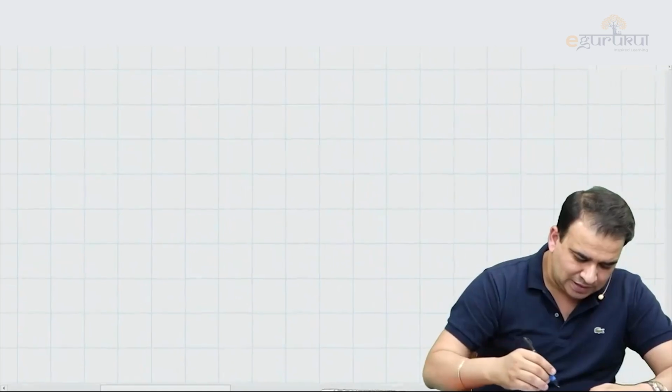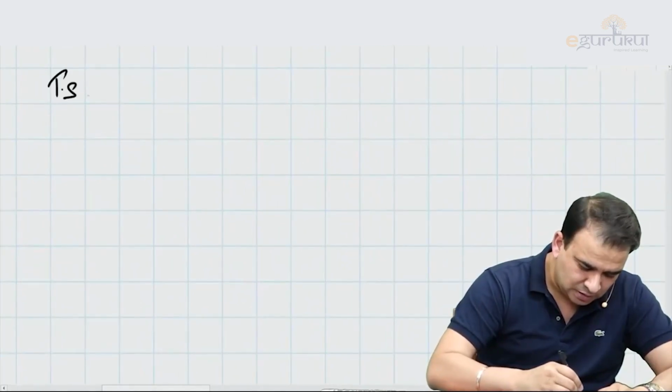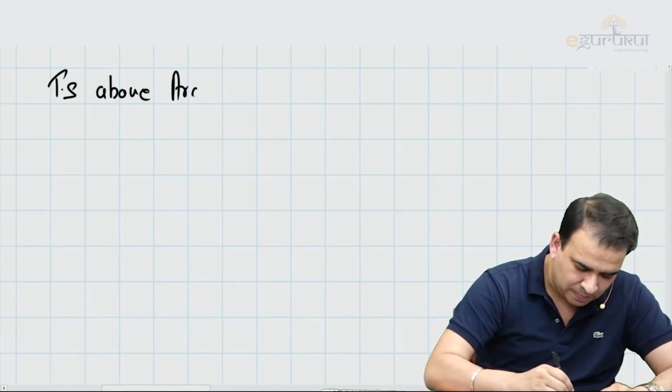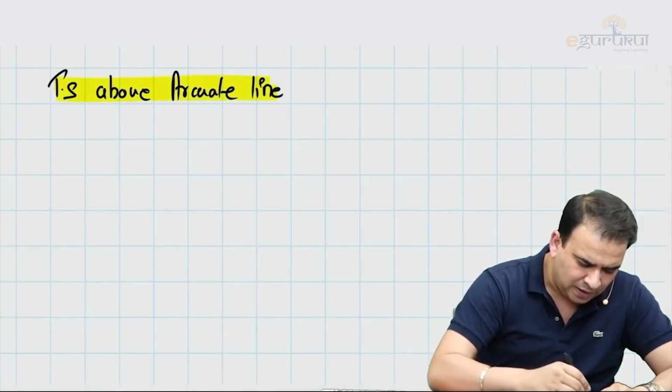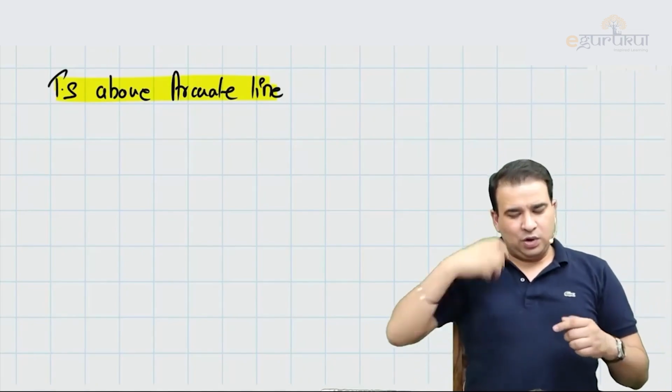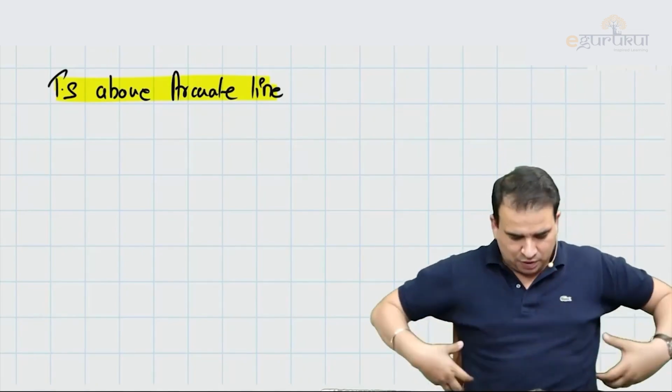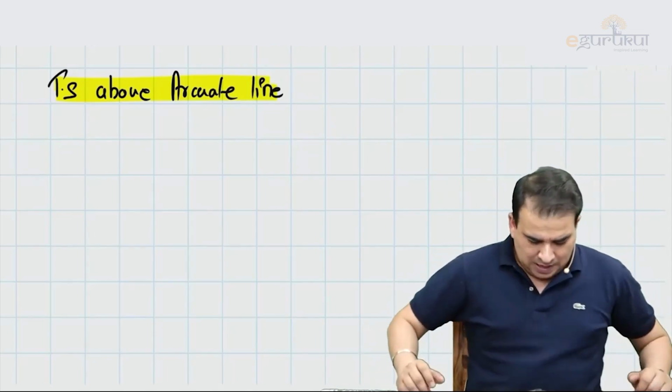So first of all, let us take a transverse section above the arcuate line. We just need to look at only one half of it. We don't have to see both sides simultaneously.